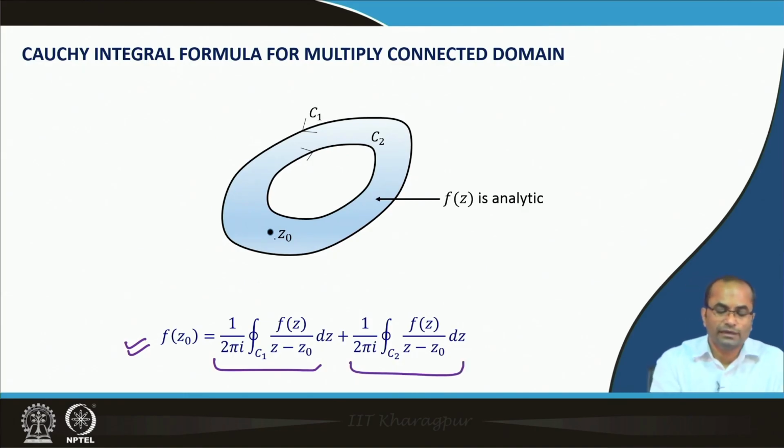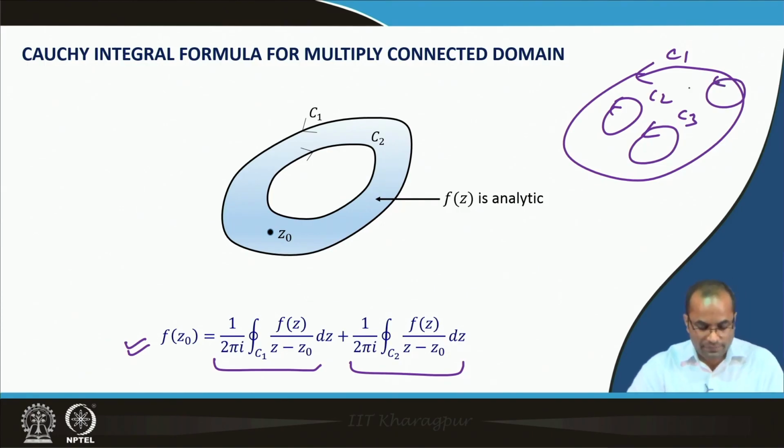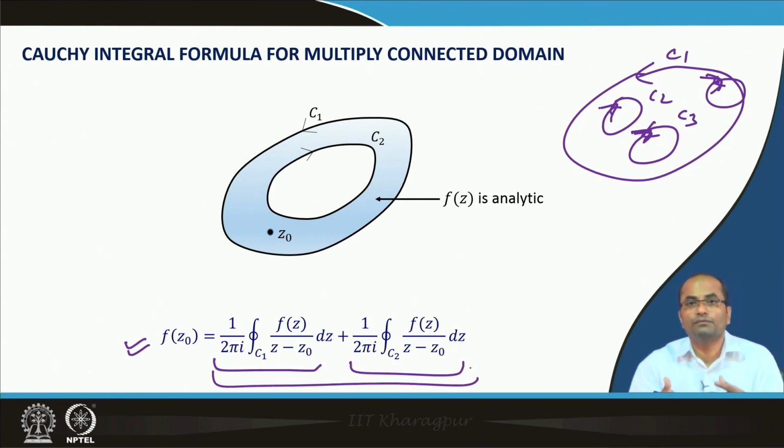We can have many such holes. So, this is C1, then we have another curve C2, the hole in this, then we have C3, C4 and so on. If we have many such holes, the inner circles should be in the clockwise direction for this result, which is a sum of all these curve integrals.